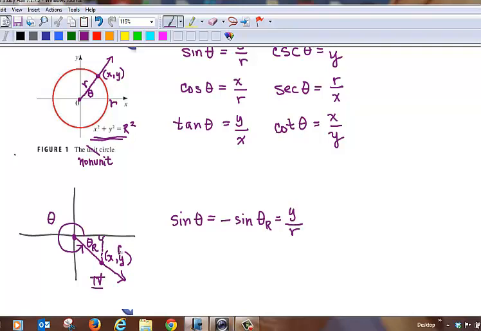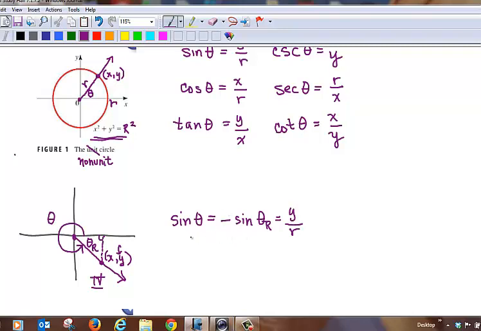Why? Because the y value is negative. So we've already done problems such as this, where we've determined the values of the trig ratios for angles in various quadrants, the fourth quadrant, the third quadrant, and so on, by using a little reference triangle and a reference angle.